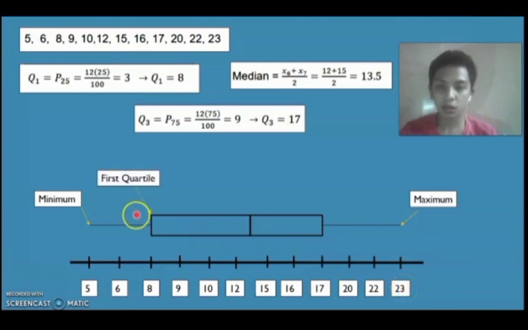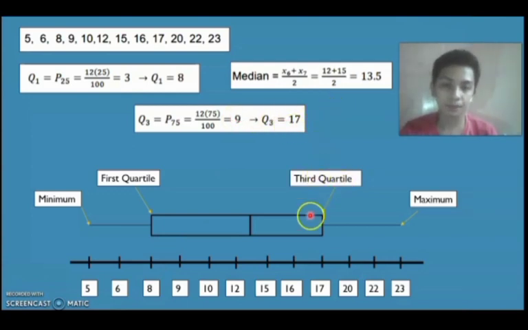The first quartile, as we get here, is 8. The third thing we get is the third quartile, which is 17 here, and the median, which is 13.5.